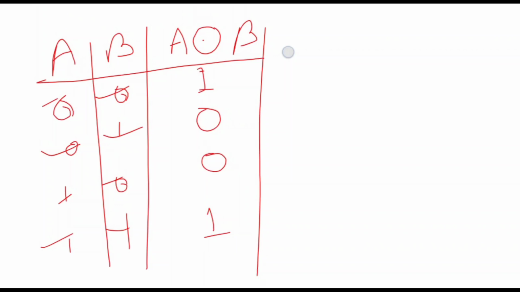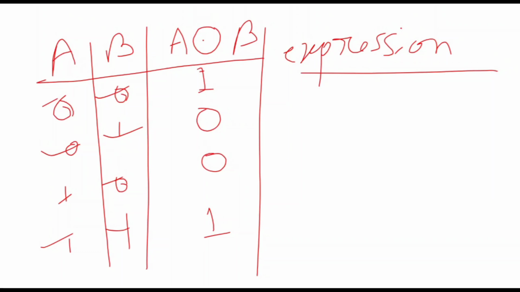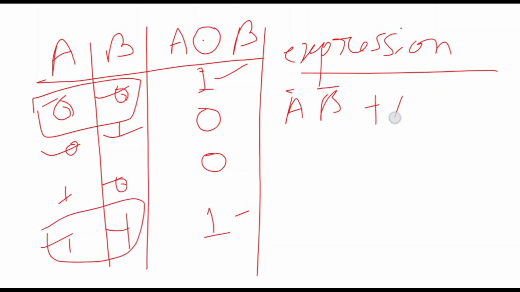Now we write the expression from this truth table. We write two expressions, basic and compound. From basic, we see that in the output column there are two 1s. For this one we take these two variables A and B. For 0, A is complement, and 0, B is complement. Plus, for this one we take these two, A and B. Here both are 1 1, so both inputs are in their normal form.